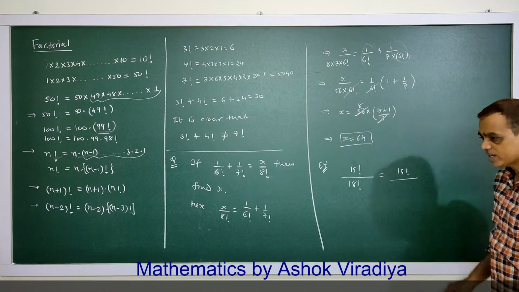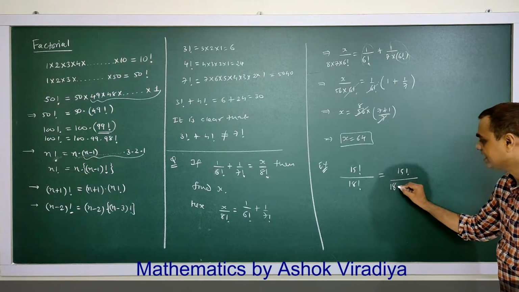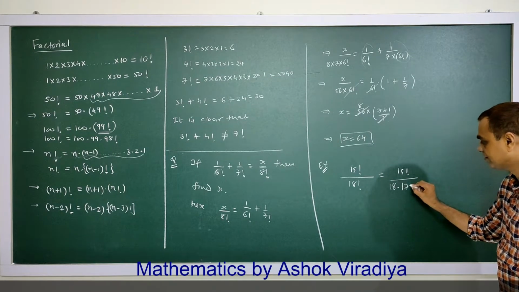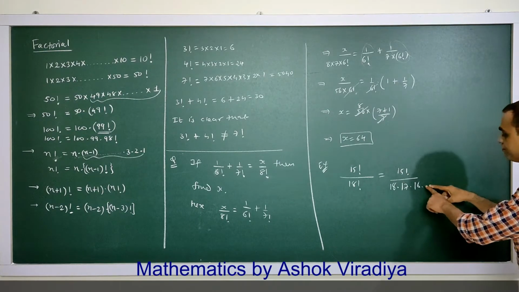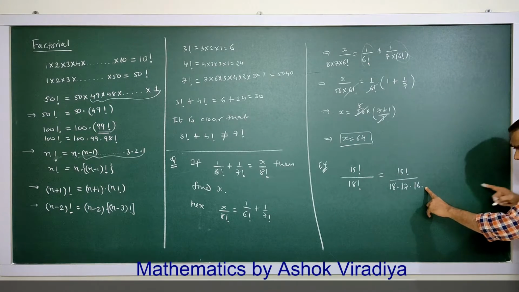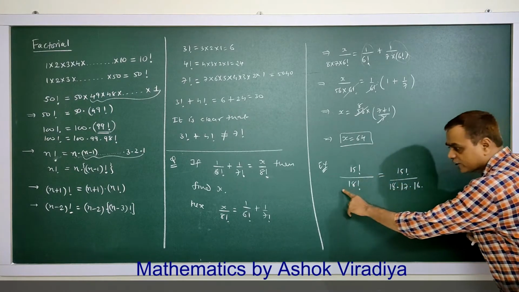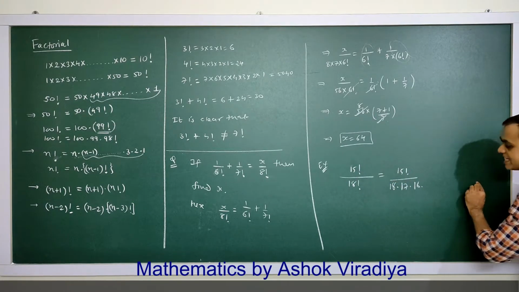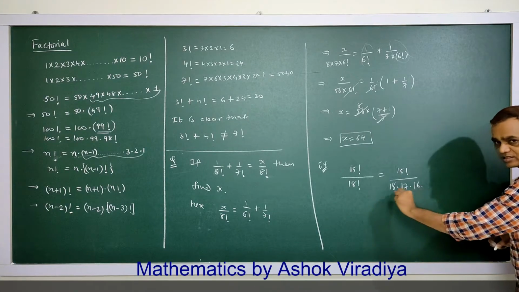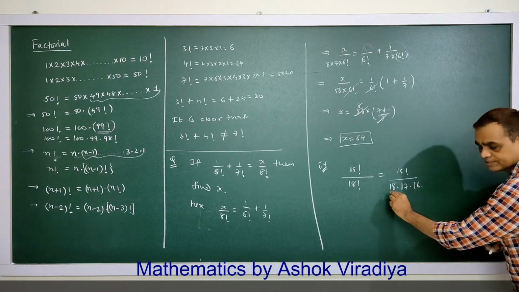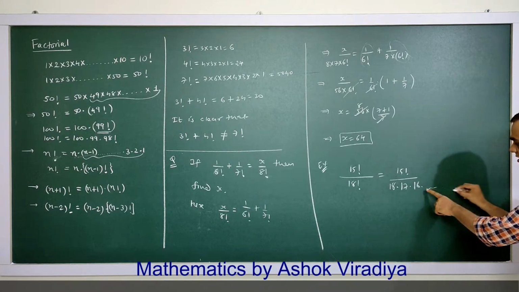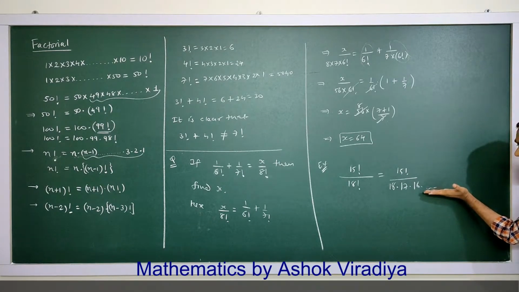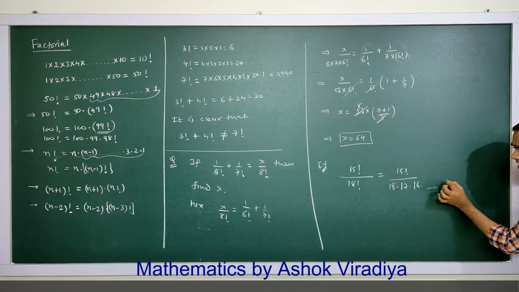So 18 factorial can be expressed as 18 into 17 into 16 into 15 into 14 up to 1. So 18 factorial is the product of the first 18 natural numbers, 1 to 18. But after this number, which part is left? 15, 14, 13 up to 1.